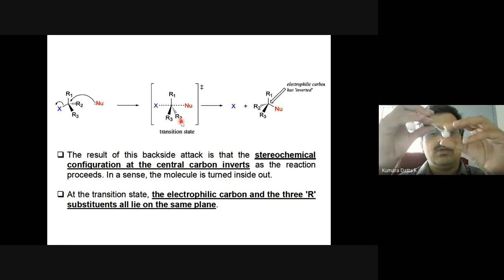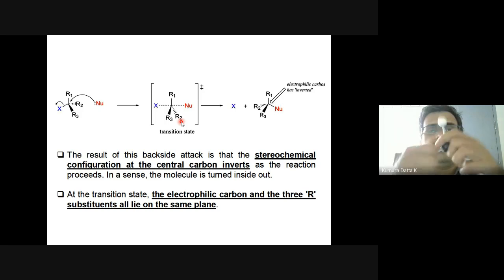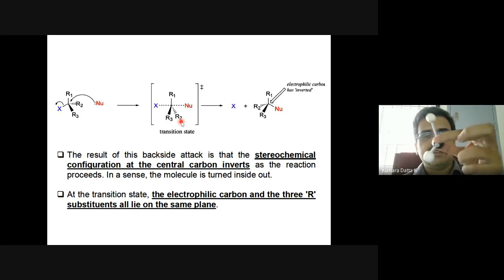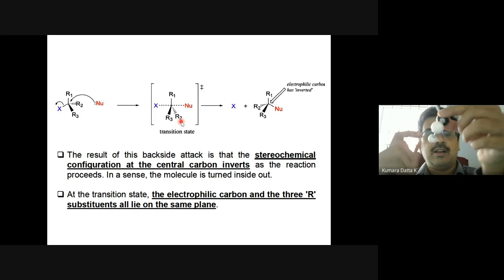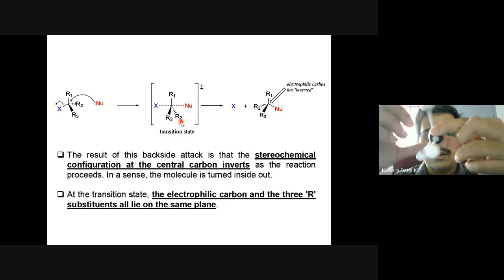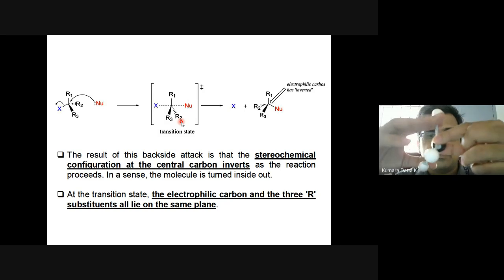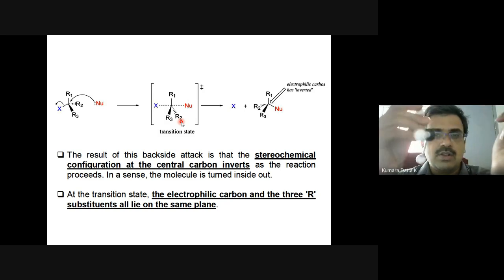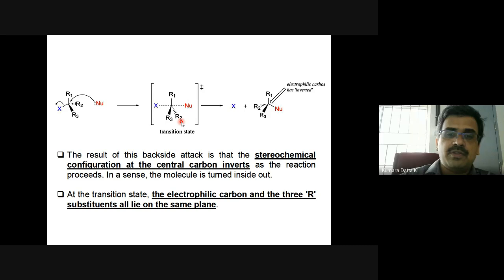For example, you can see like this: one is facing towards you, another is facing towards me, and the other is in the top direction. So this is the same-plane kind of configuration.